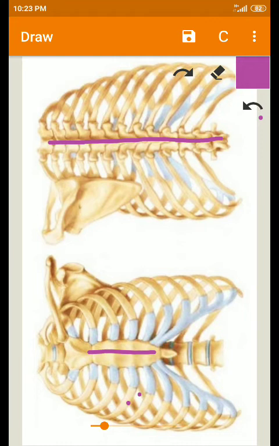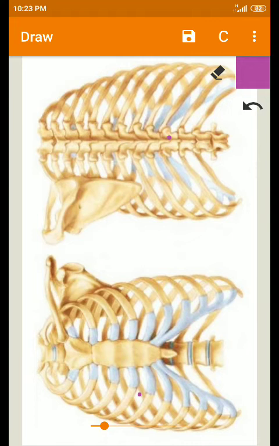each other. So, here the ribs form the connection between the thoracic vertebrae and the sternum, along with its costal cartilages. Okay, each rib articulates. So we are having 12 thoracic vertebrae and we are having 12 ribs, isn't it?